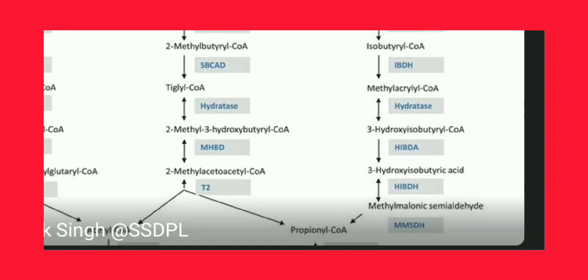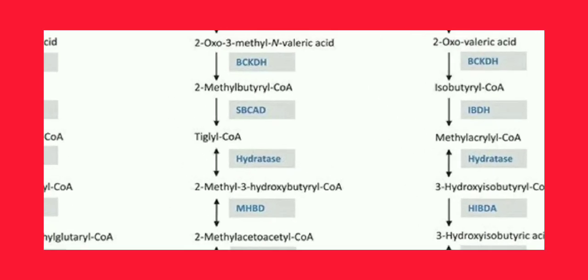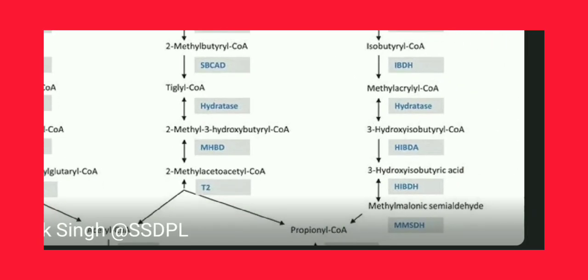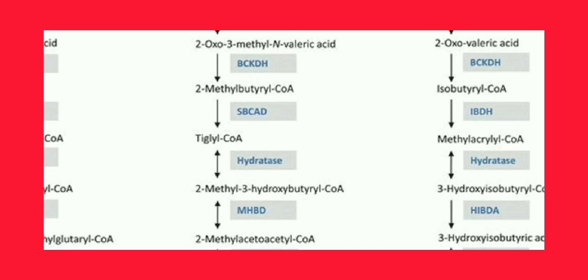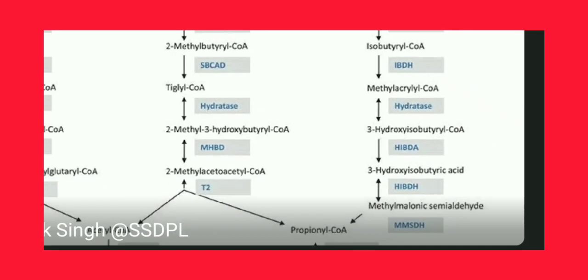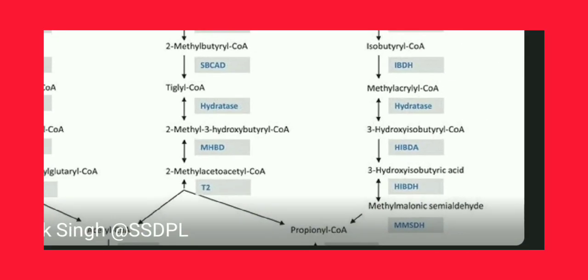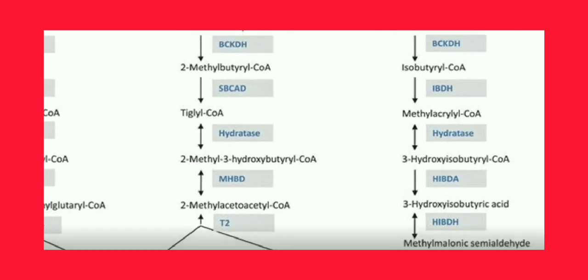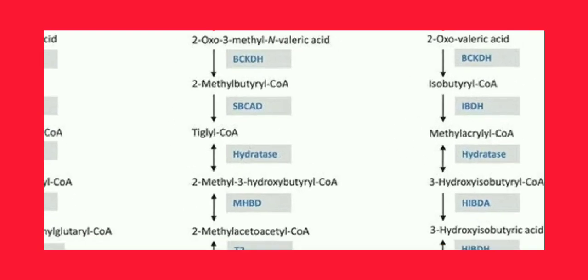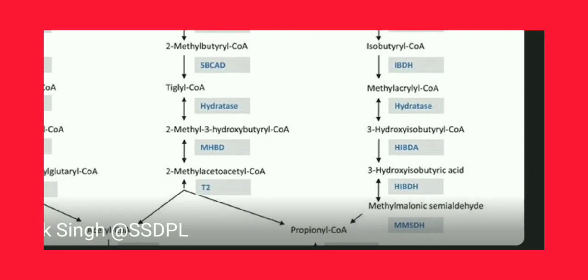If there is a block in that enzyme, IVD, this CoA, which is nothing but isovaleryl glycine, would pile up in the urine sample. Based on the concentration of isovaleryl glycine, we could say that this is isovaleric acidemia. This is a disorder name.